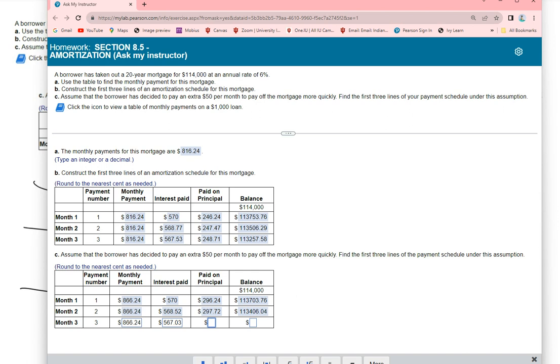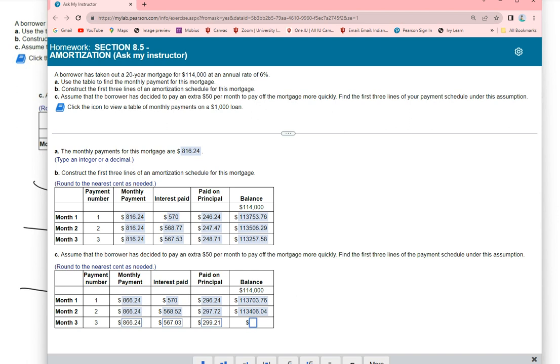$567.03. You'll simply subtract these first two columns. Subtract the interest paid from the monthly payment to see how much is left over. They take the interest. They're like, give me that from your check. And then whatever's left over will be applied to your balance.